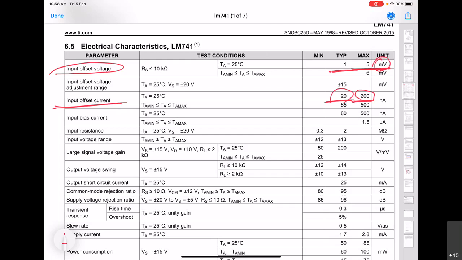So in some of the scenarios, what we will have to do is apply our input like this. This is a sinusoidal input that we want to get amplified.